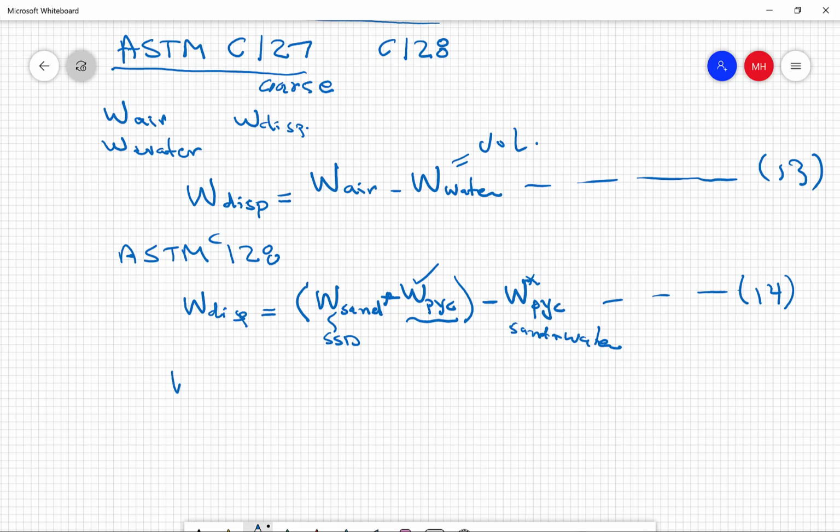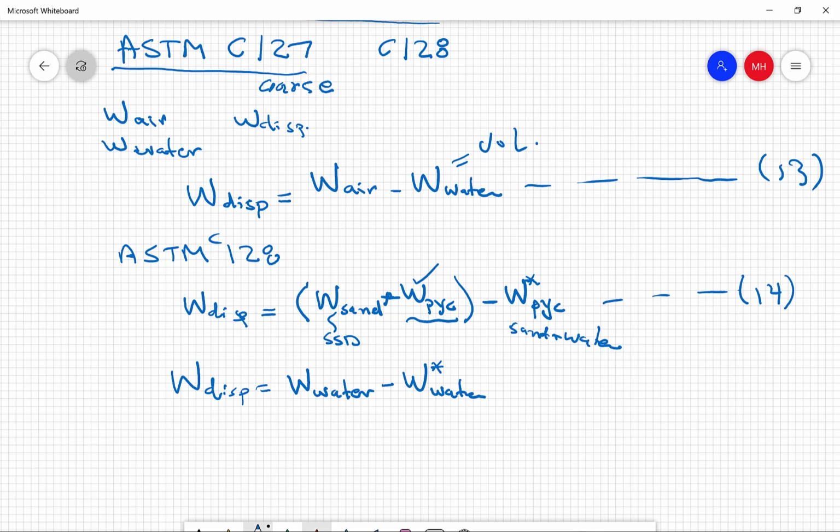So the water displaced equals the weight of water minus, let's distinguish this value here with the star, the weight of water.